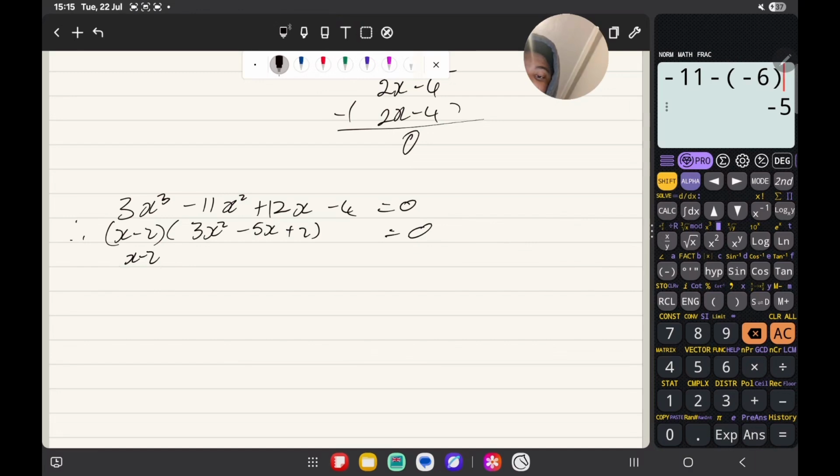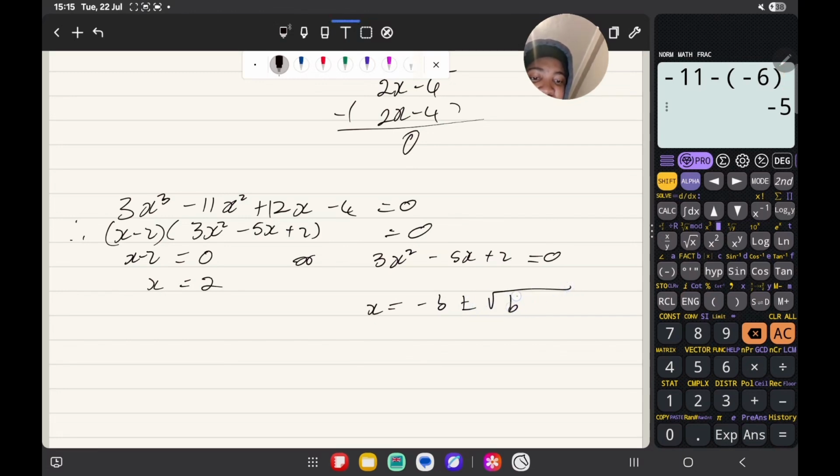So you would then say that equals 0, or 3x squared minus 5x plus 2 equals 0, right? And then x equals minus b plus or minus square root of b squared minus 4ac, over 2a.